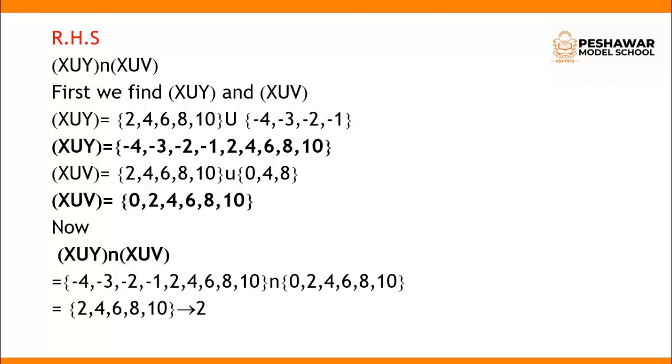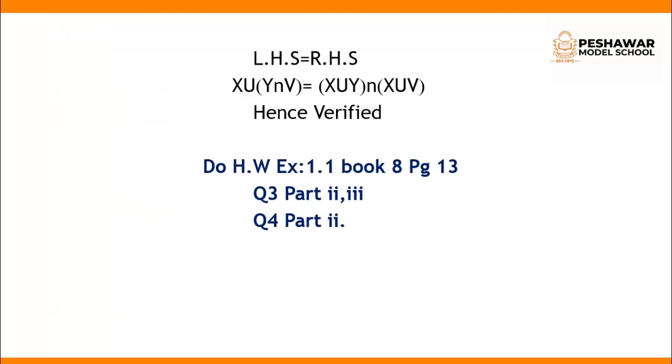So 2 is common amongst both sets, 4 is common, 6 is common, 8 is common and 10 is common. So from 1 and 2, left hand side is equal to right hand side. So our distributive law is verified: X union bracket Y intersection V is equal to X union Y intersection bracket X union V.